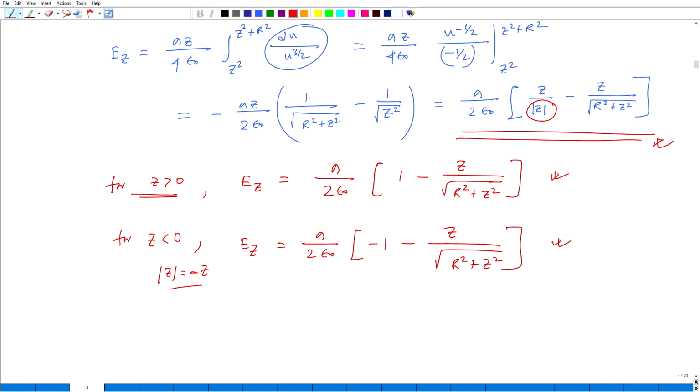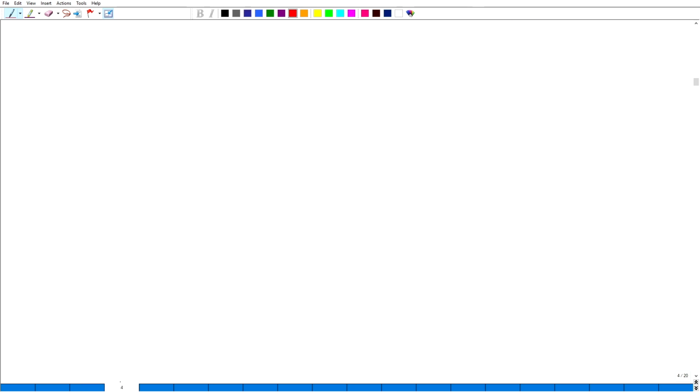So, first plot these expressions as functions of z. So, we plot Ez over E naught, okay. So, we make a dimensionless variable, and z over r, right.